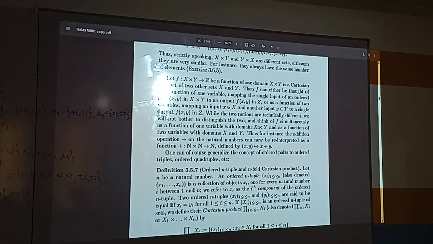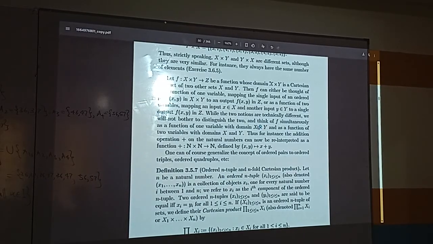So now we have ordered pair. Pair means two, but it can be 3, 4, 5 now. We are living in the world of, usually we say, three-dimensional world, R3. That's how we say. Ordered n-tuple and n-fold Cartesian product.